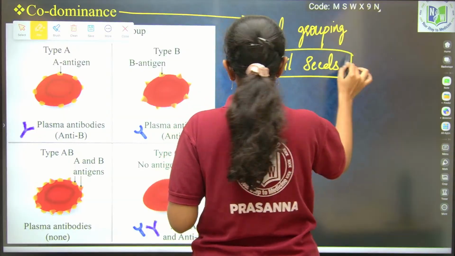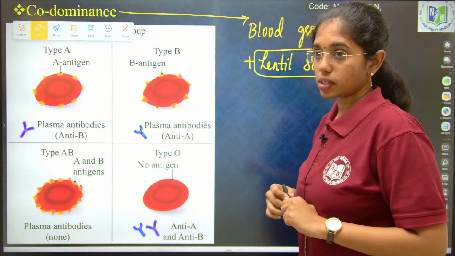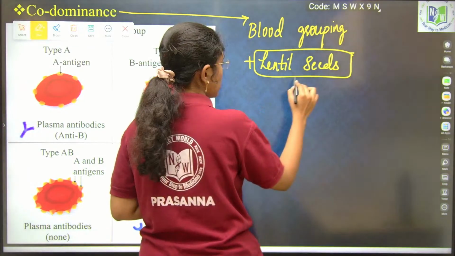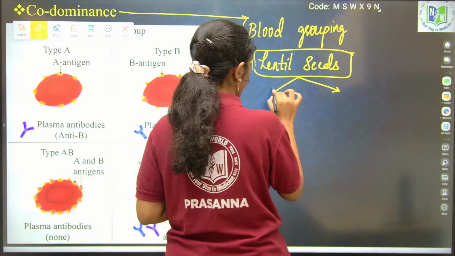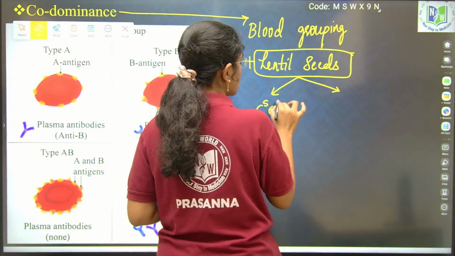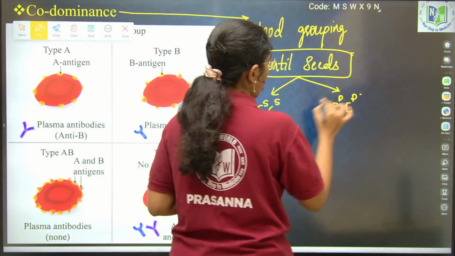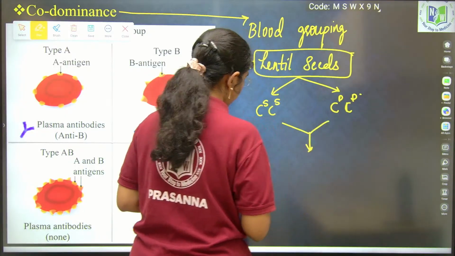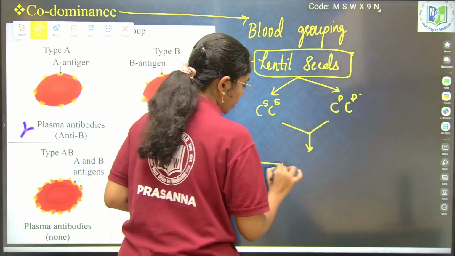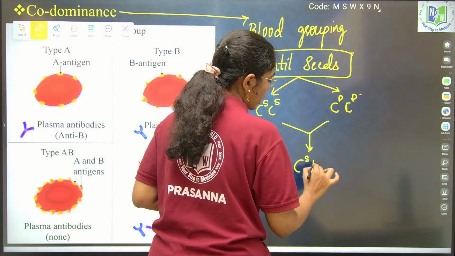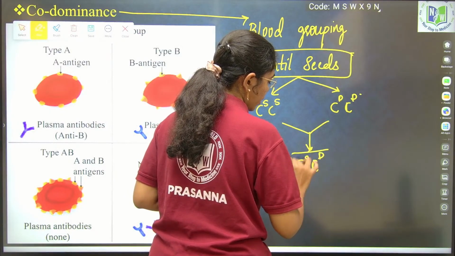First we will understand about lentil seeds. In lentil seeds, two types of seeds were taken. One was spotted seeds and one was dotted seeds. On crossing these, in F1 generation both spotted and dotted seeds were obtained.